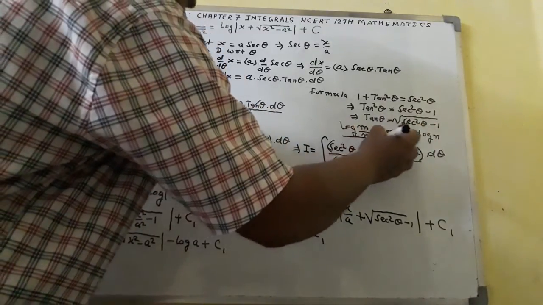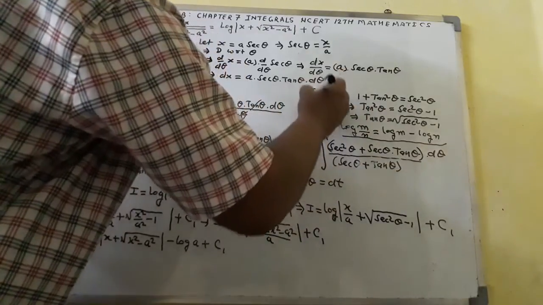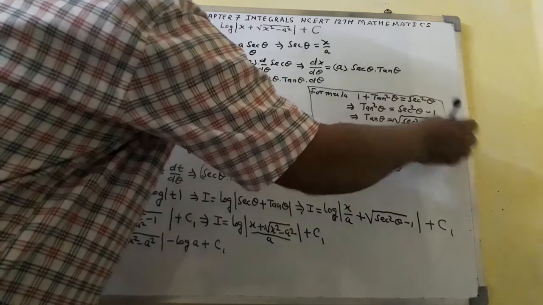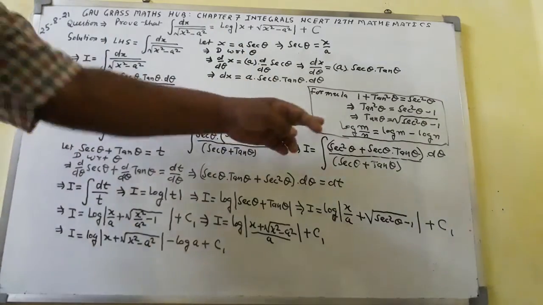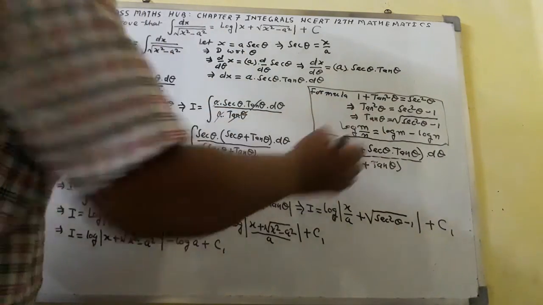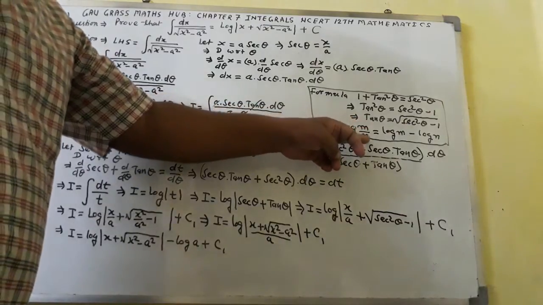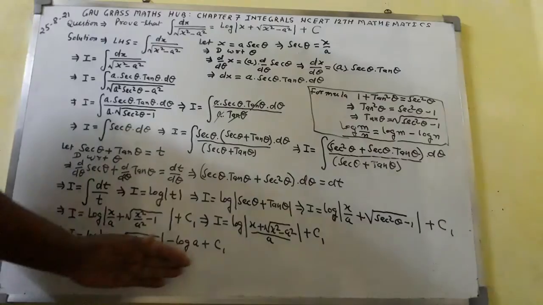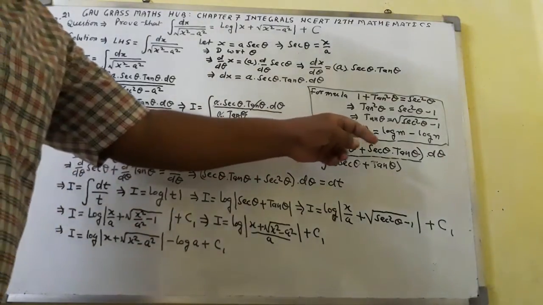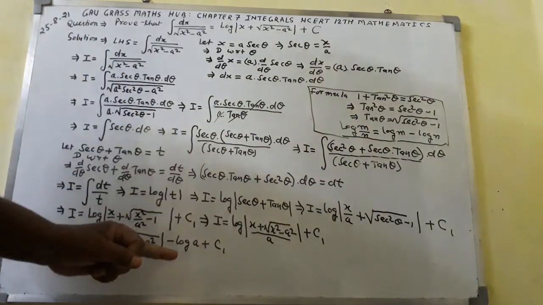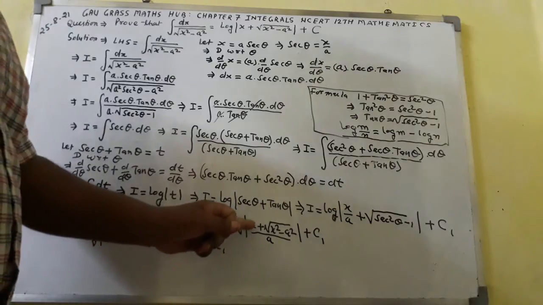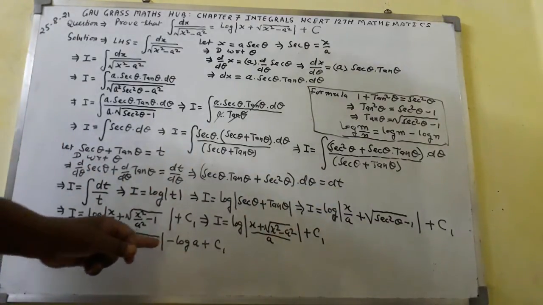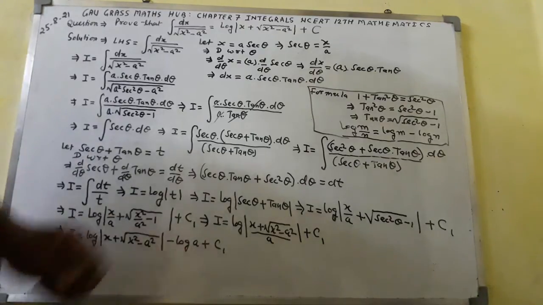This formula we have used. Formula just I shall enclose in the box. Log m over n equal to log m minus log n. On the basis of this formula, I can write very well log m over n, log m minus log n.